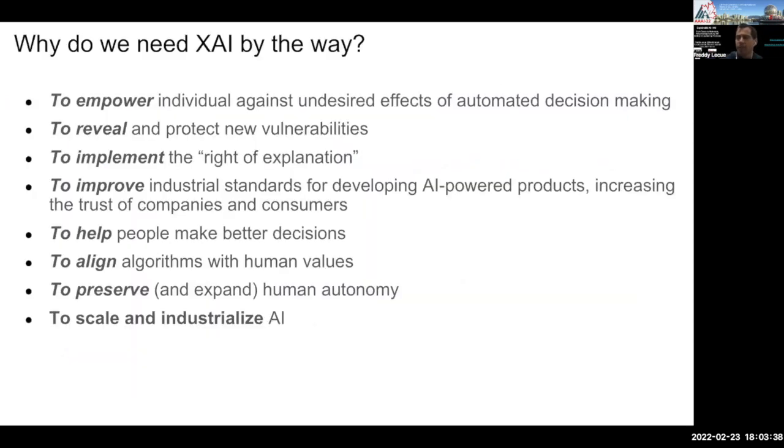And conclusion-wise, if you step back, why do we need explainable AI? By the way, think about users and think about your applications. What if you deploy something that is going to make mistakes? What's the impact?